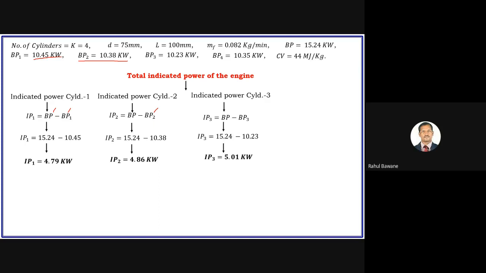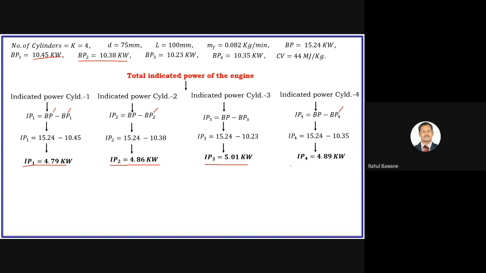So 5.01. Indicated power of the fourth cylinder, IP4, is brake power of all cylinders minus brake power when the fourth cylinder is cut off. So ultimately we are not using any formula to calculate IP. We are using only brake powers: brake power of all minus brake power with the respective cylinder cut off. From that we are calculating indicated powers.